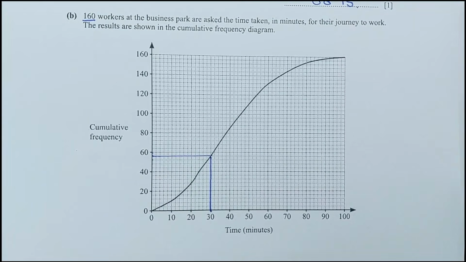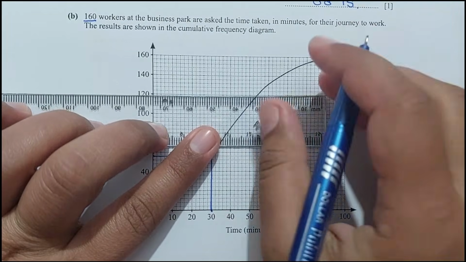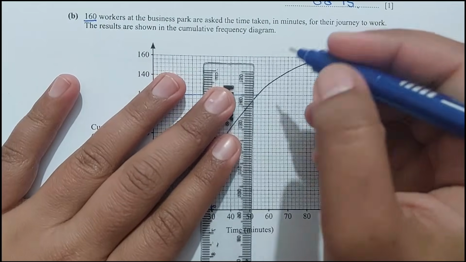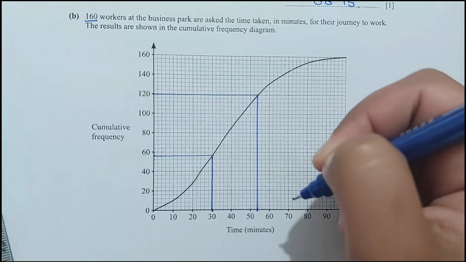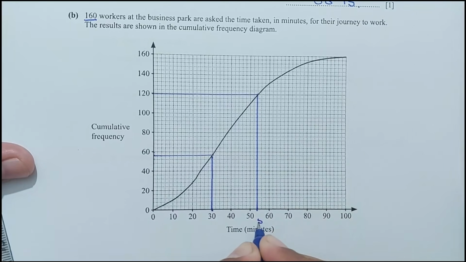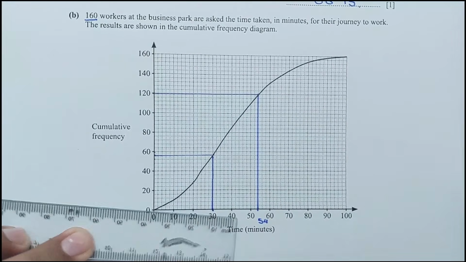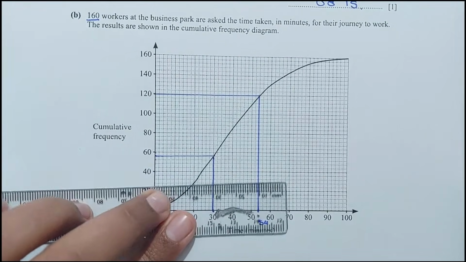Okay, now 120 is over here. This is upper quartile. Let me read it. Okay, this would be 54 minutes, and the next would be 40. Let me double check. 40th value, yes.